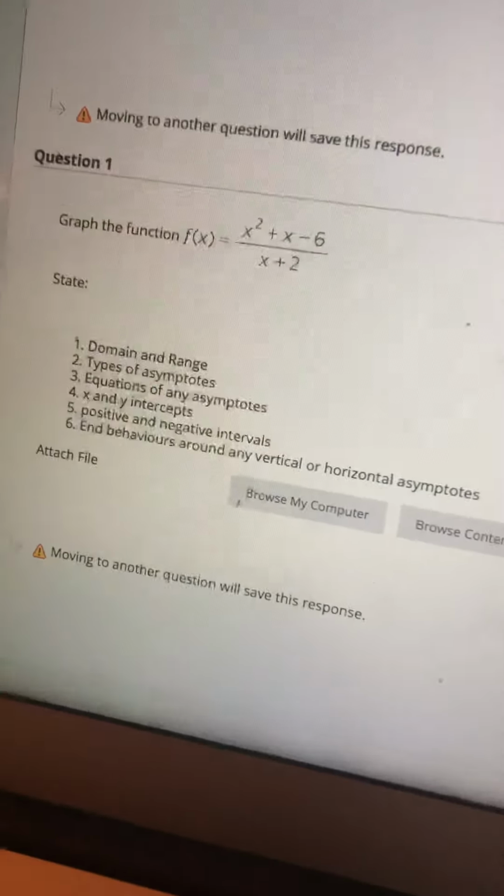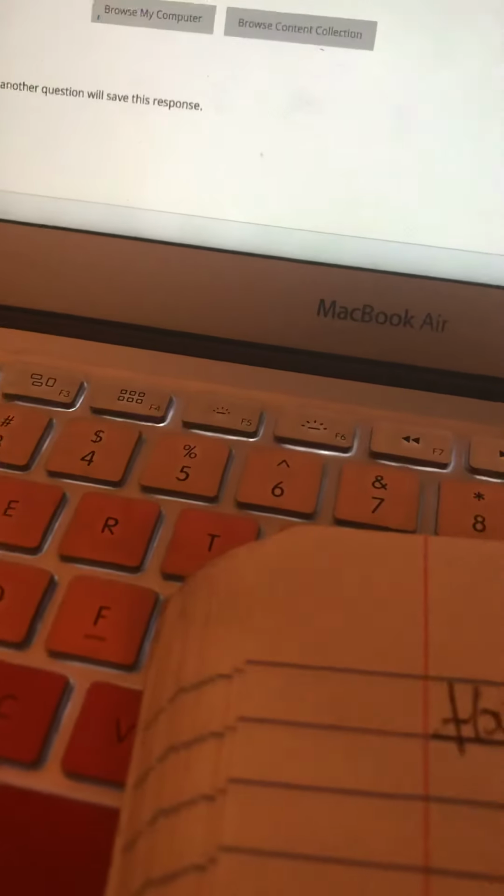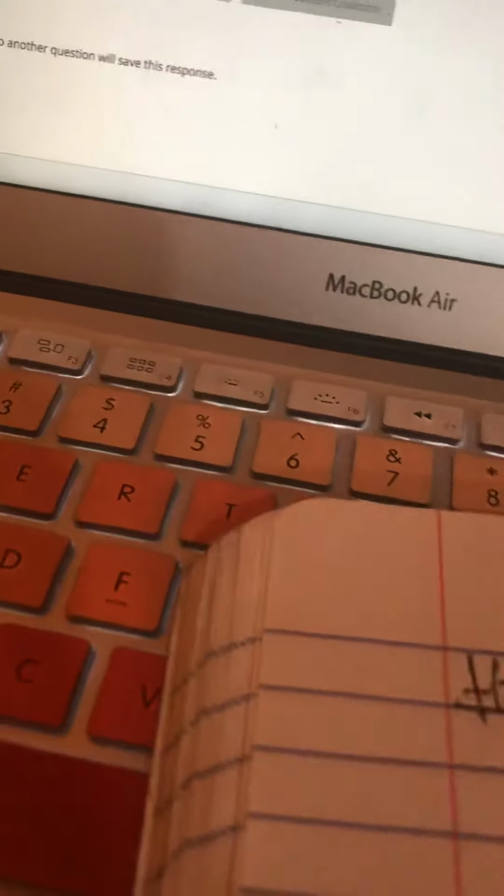But for now, we're going to state the domain and the range. As we know, the domain is tied to the vertical asymptote, and here we know that our vertical asymptote is negative 2. So our domain excludes negative 2.